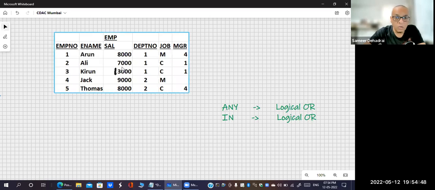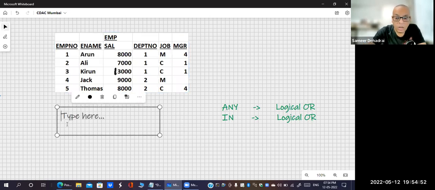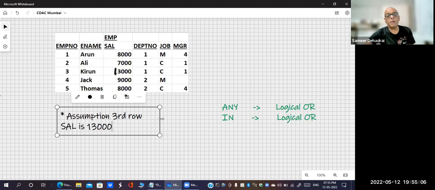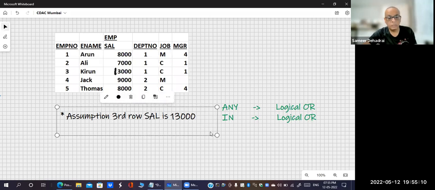So later when you try it out, please update the third row and make the sal 13,000. Okay, just write this. Wrote it.